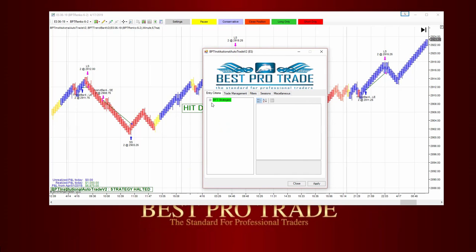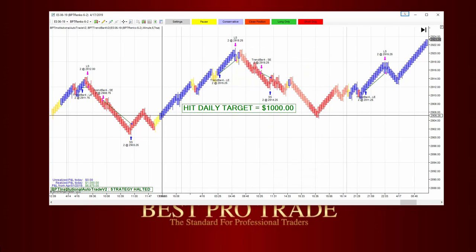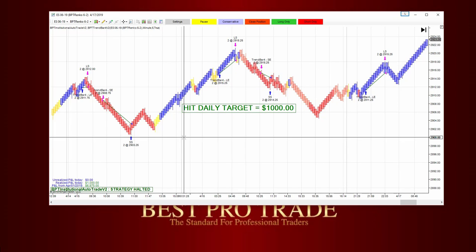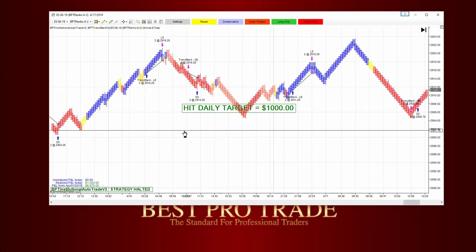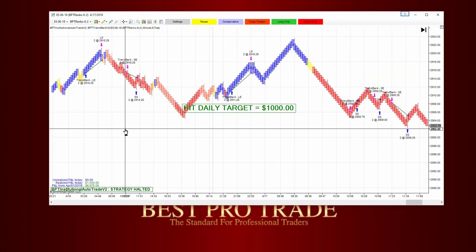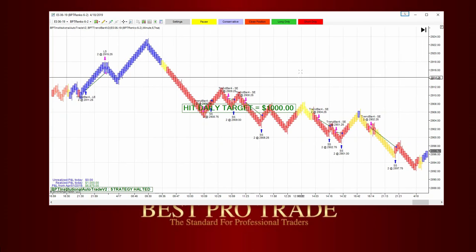And what is nice is the entry bar: you can manage whether it's going to be on the first blue bar, the second blue bar, or the third blue bar, if you want to do that. So there is a lot you can do with the institutional auto trade, and it is amazing.